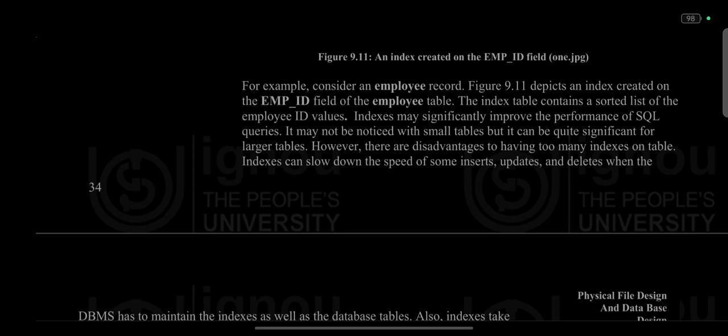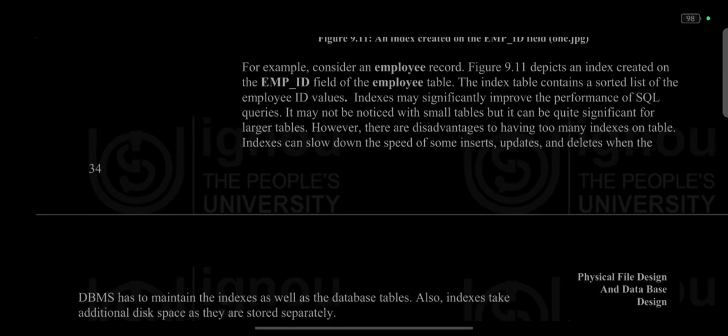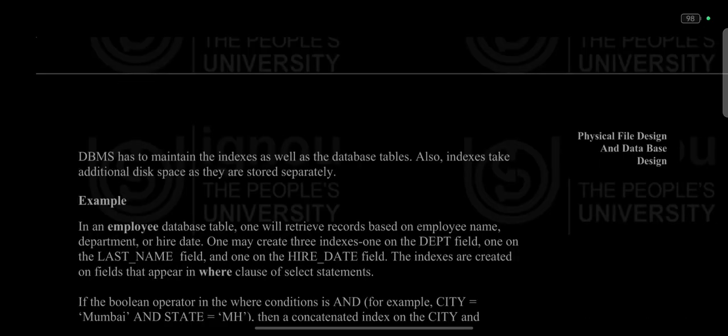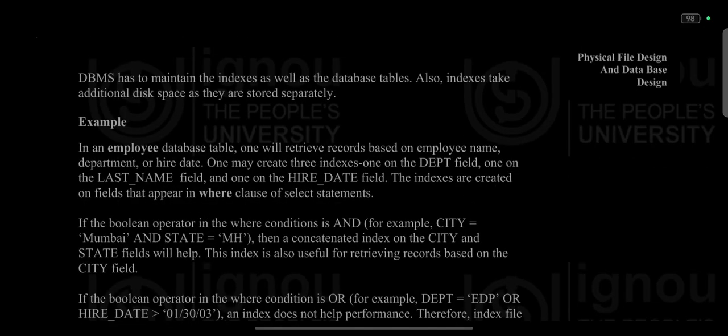However, there are disadvantages to having too many indexes on a table. Indexes can slow down the speed of some inserts, updates, and deletes when the DBMS has to maintain the indexes as well as the database tables. Also, indexes take additional disk space as they are stored separately.